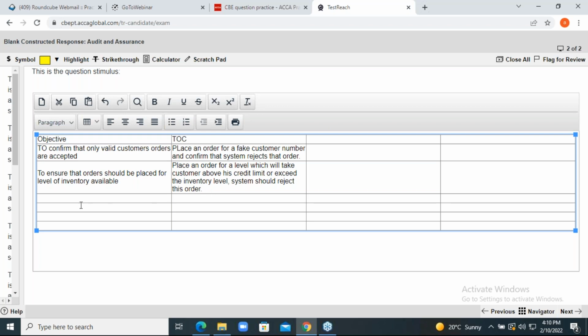So this is the rule. Now this is how you are going to understand whether the company is working correctly or not.